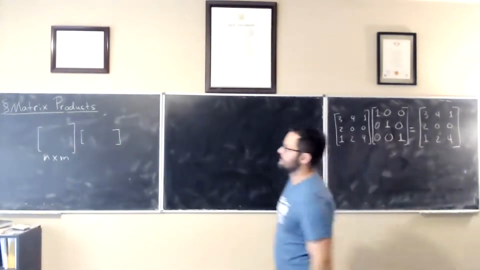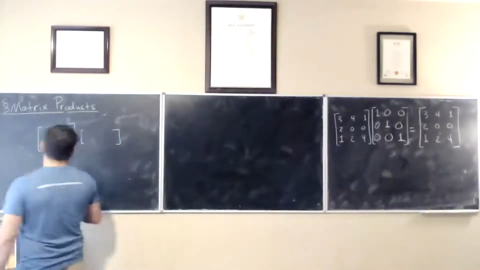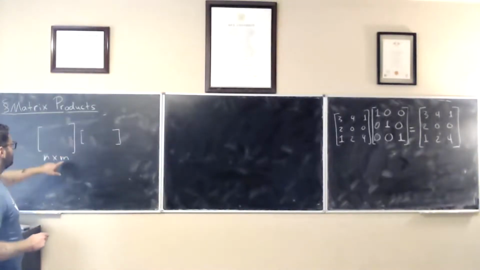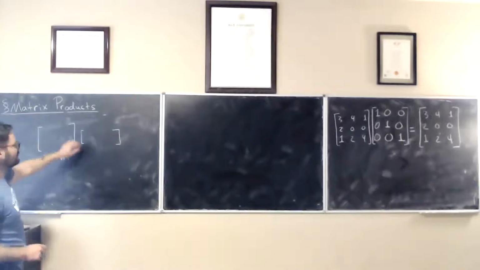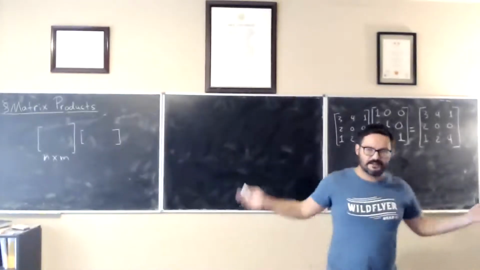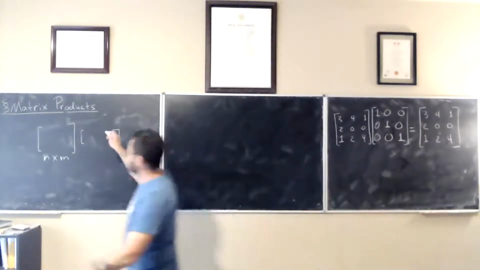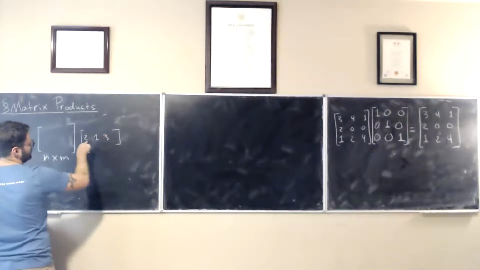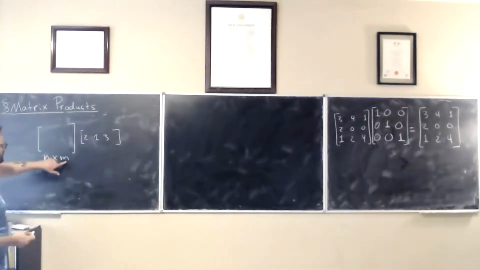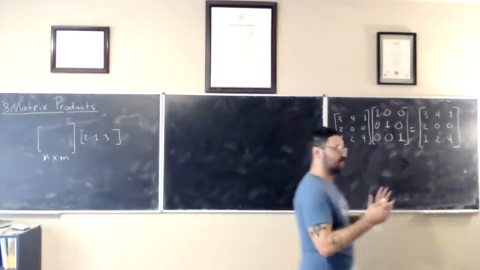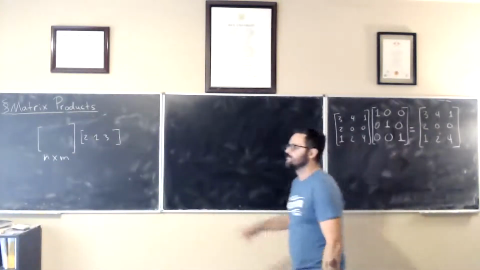Well, if you think about it, how many rows need to be in this? M. Yeah, but this is just a vector. If that's just a row vector, you can't do it because there's only one row, and there's going to be more than one column in that matrix, so you can't do matrix row multiplication.